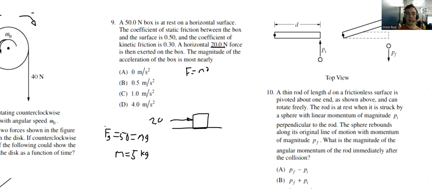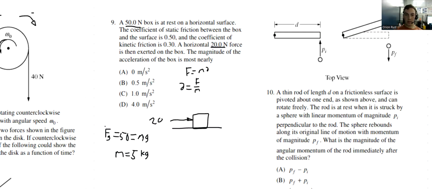Remember, mass is in terms of kilograms and not newtons. Newtons is the force of gravity that's being exerted on the box. So we are given, as part of our equations, F divided by m is equal to a. So that's going to be the magnitude of the acceleration.